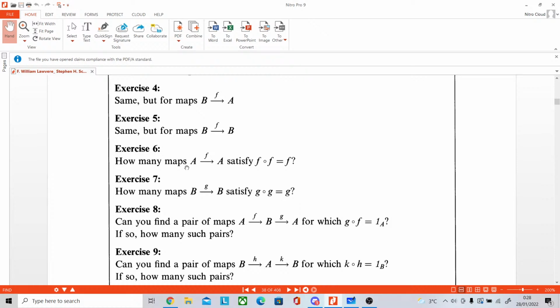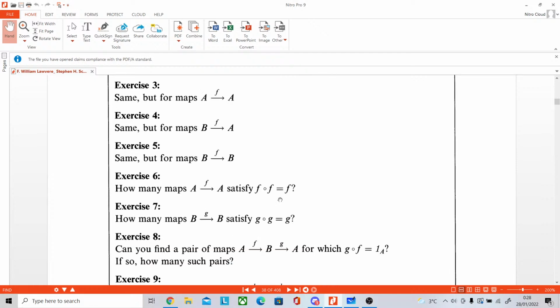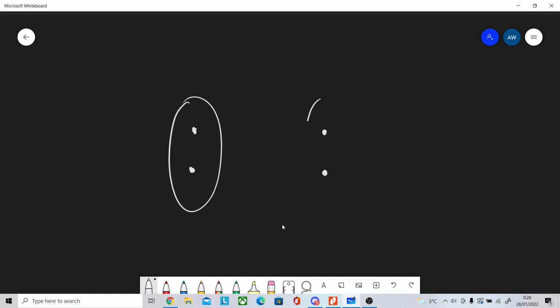How many maps? Let's just do B because B has 2 points and that'll be easier. How many maps that go from B into B satisfy G circ G equals G, or G composed with G equals G? So we have B, which consists of 2 points. The names of these 2 points don't really matter.